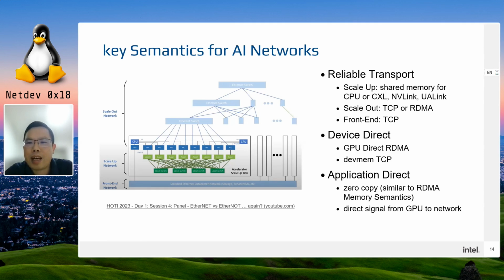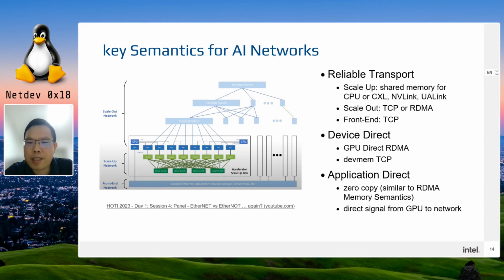The second category is device direct. This is what we are talking about as device memory TCP; on the RDMA side it is called GPUDirect RDMA. And the third category is application direct.